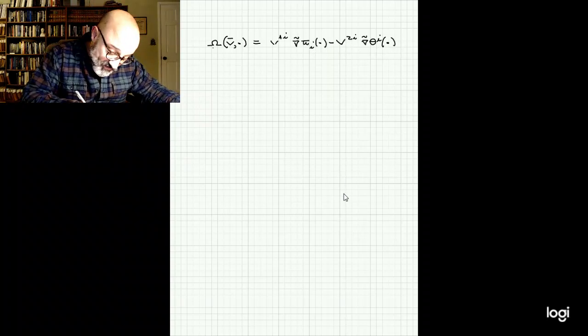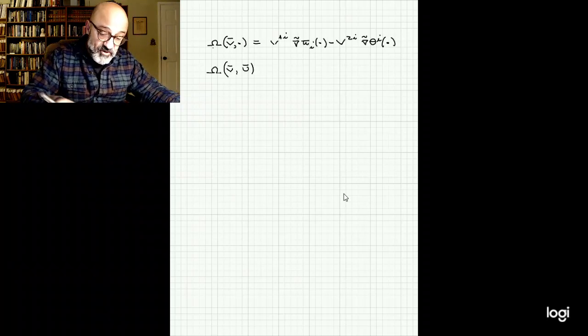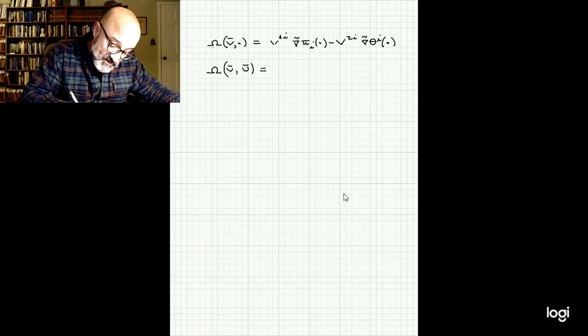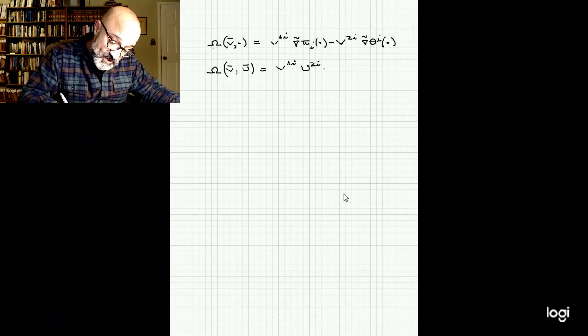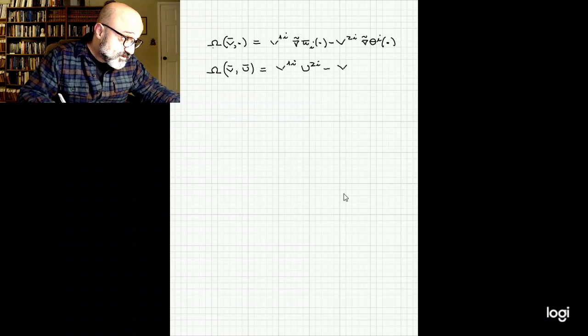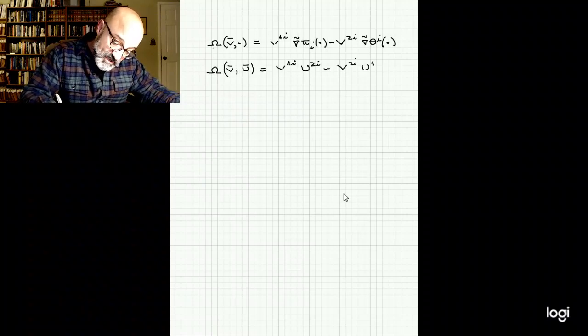And if we have two vectors, the action of omega on two vectors is going to be V1I U2I, where you sum over I, and then minus V2I and U1I.